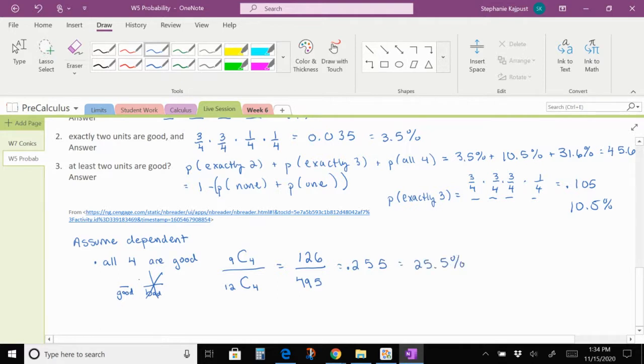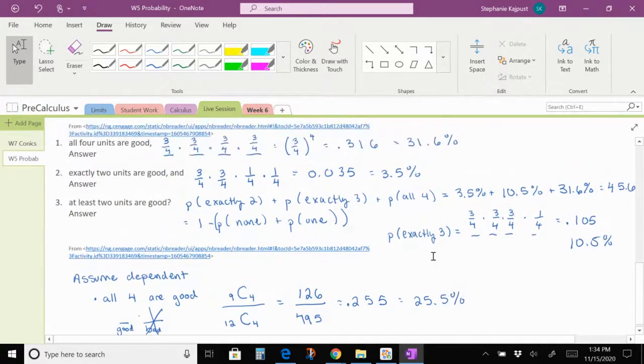So if they're dependent events, if they're coming in the same shipment, you have a 25.5% chance that your 4 are good. You can compare that to when they were independent, that was about 31.6%, but they're sort of comparable here.